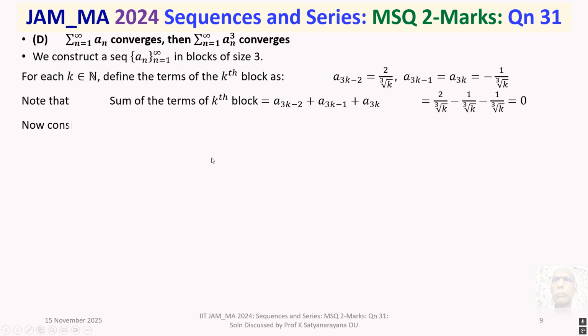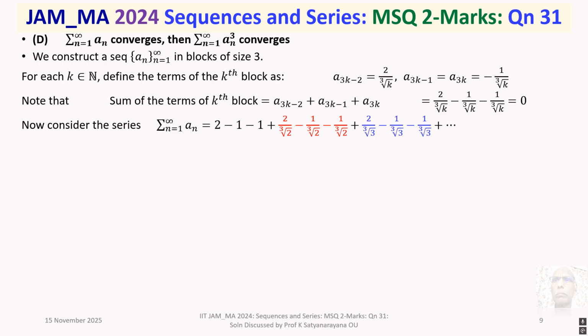Now let us consider the series sigma an. This is the first block, second block, third block, and it goes on. The sum of the terms in any kth block is 0.